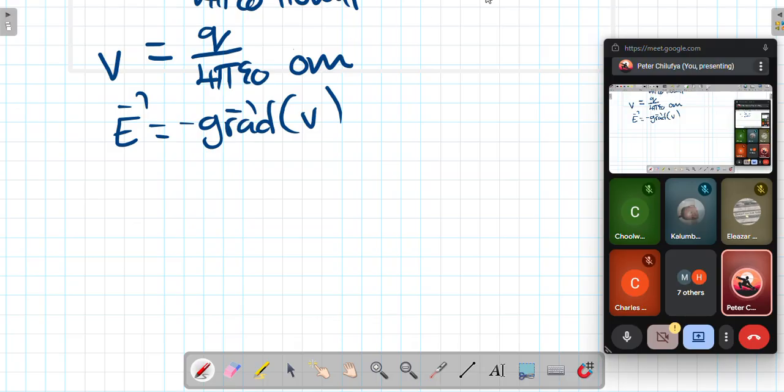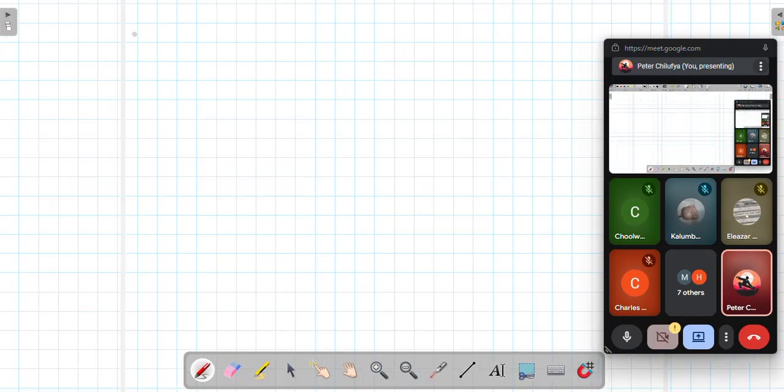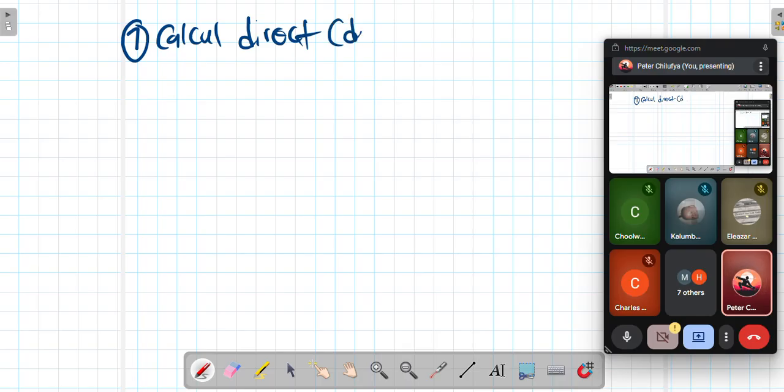One method is direct calculation: you use the formula, you simplify that formula, you go with the mathematical calculations, and you use the concept of symmetry.